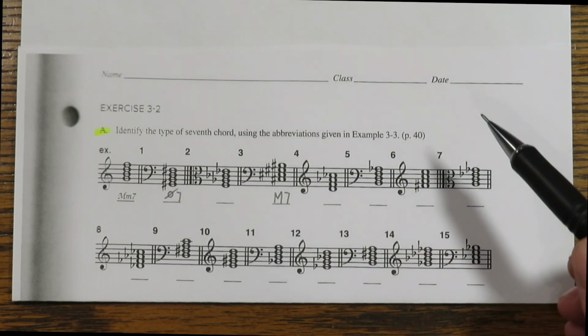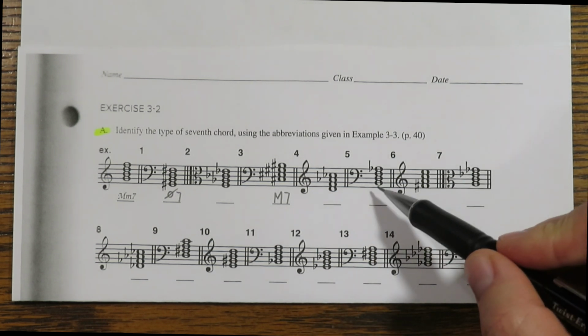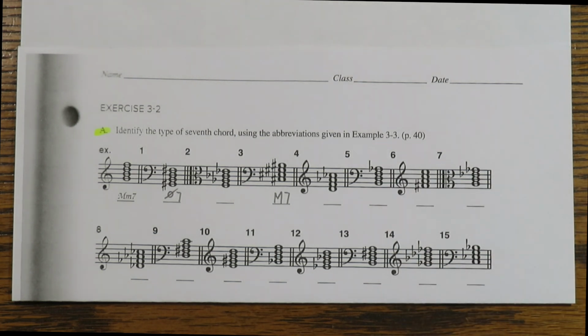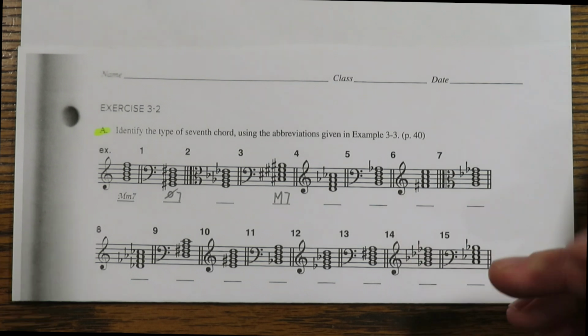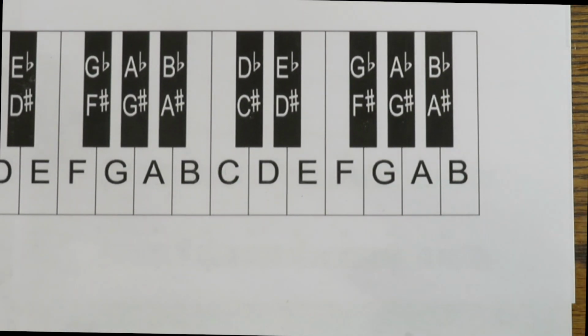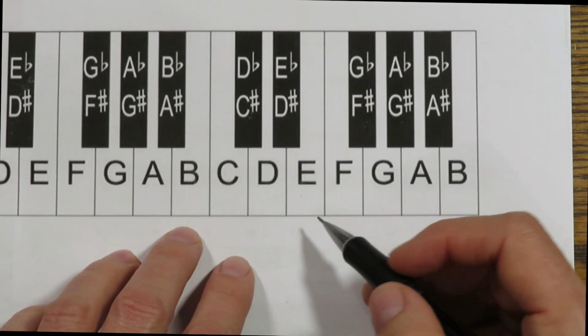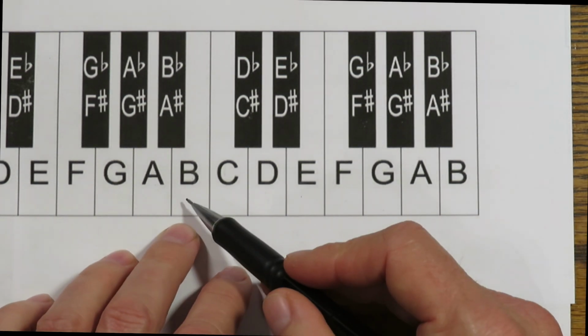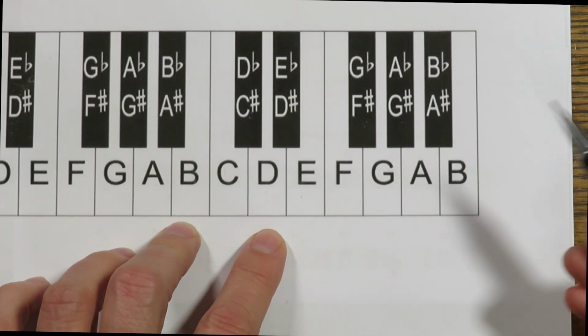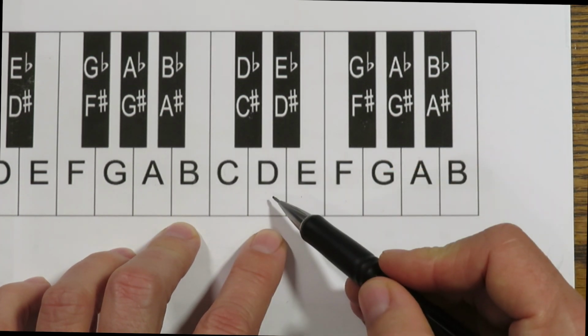Bass clef again. We have a B, D, F, and an A flat. Okay, so let's find out what kind of triad we're working with here. B to D, minor third, all right, 1, 2, 3 half steps.